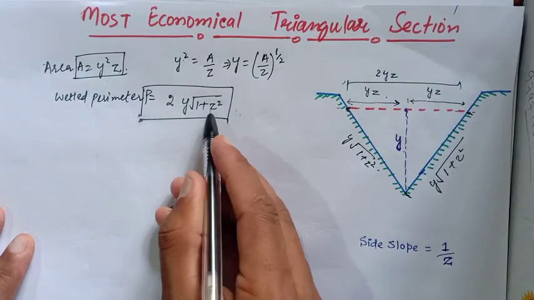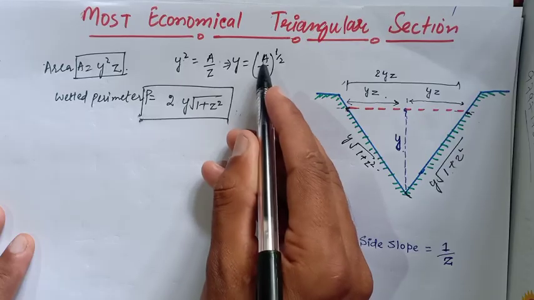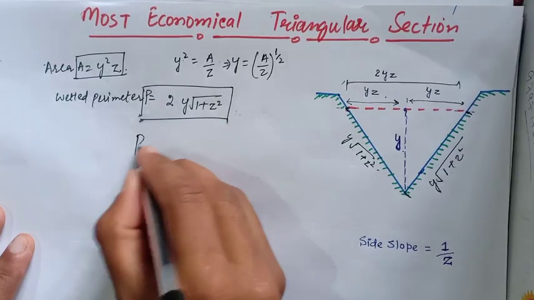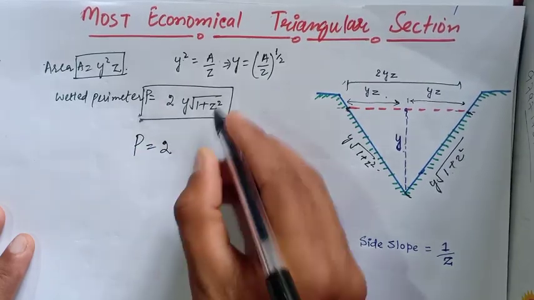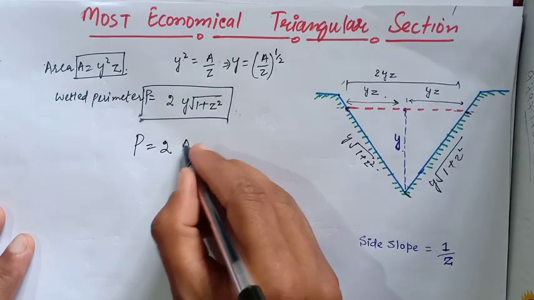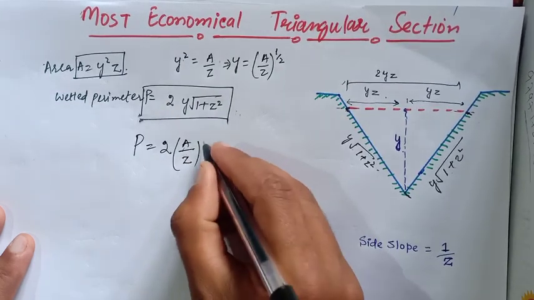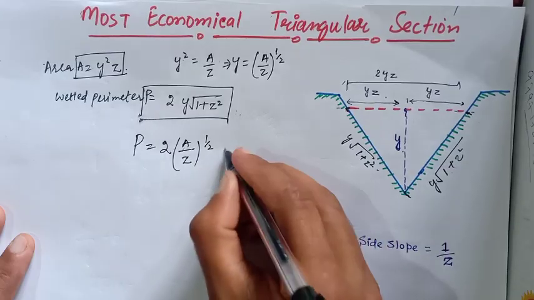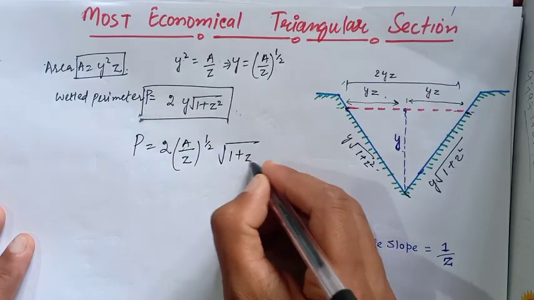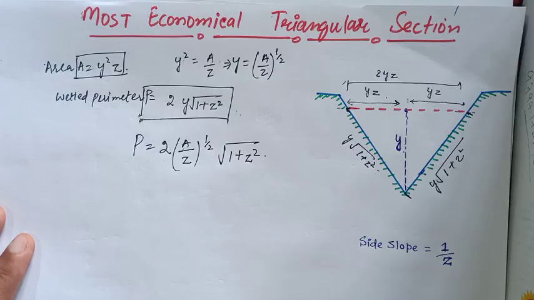So we have to put this value of A by z in here. So perimeter will be equal to twice the value of y, which is A upon z raised to power 1 by 2, under root of 1 plus z square.